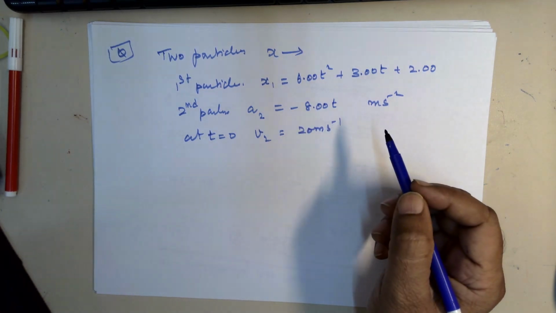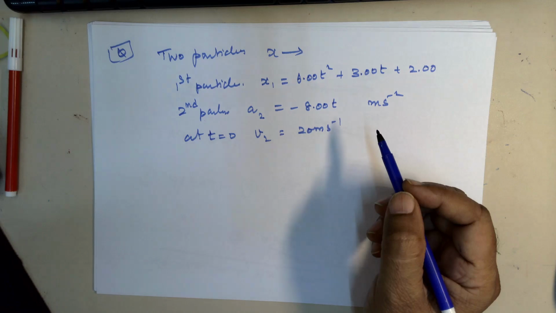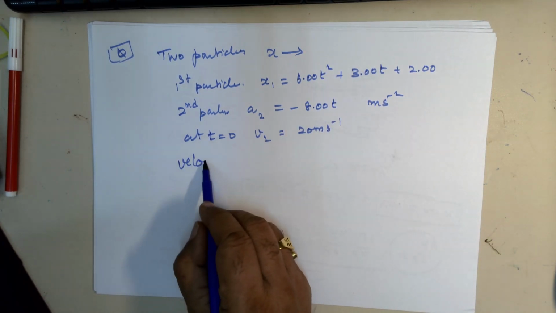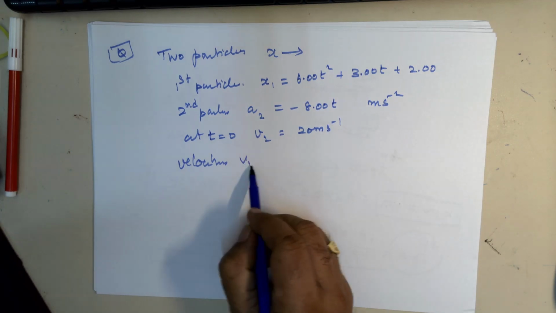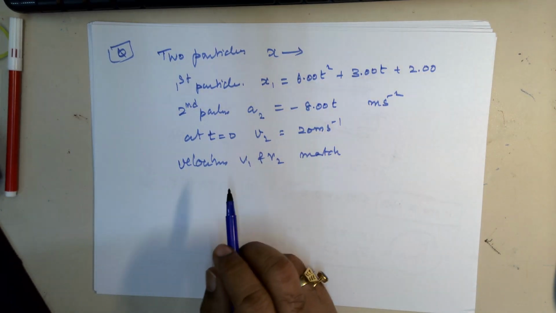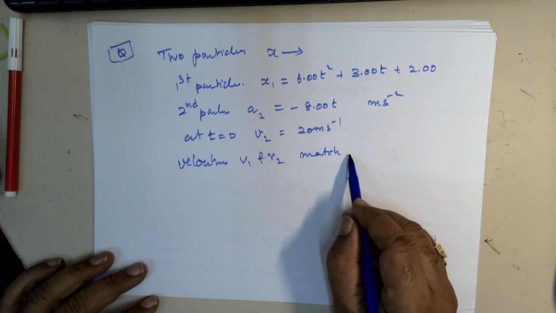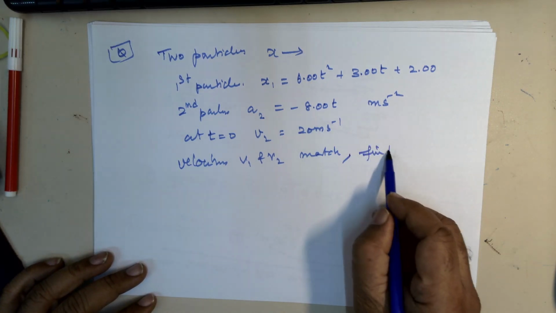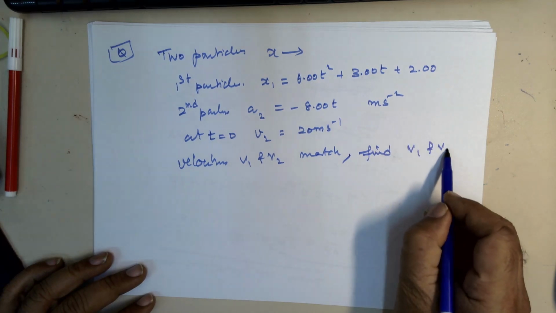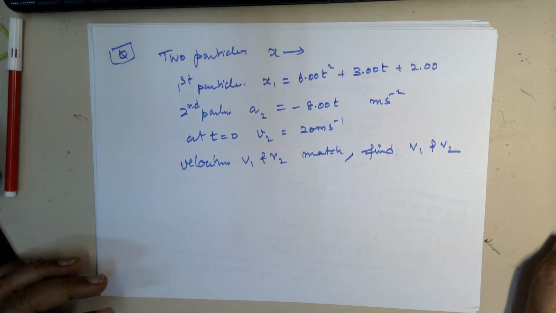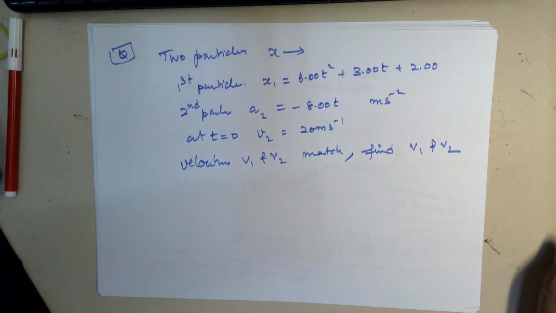When the velocities of the particles, that is v1 and v2, match, find their velocities. Okay, so this is the question. Now let us proceed.